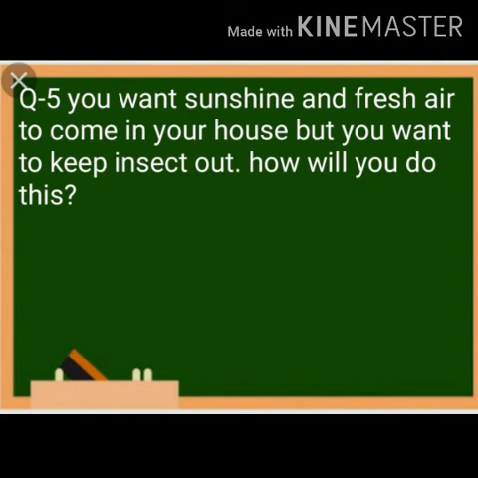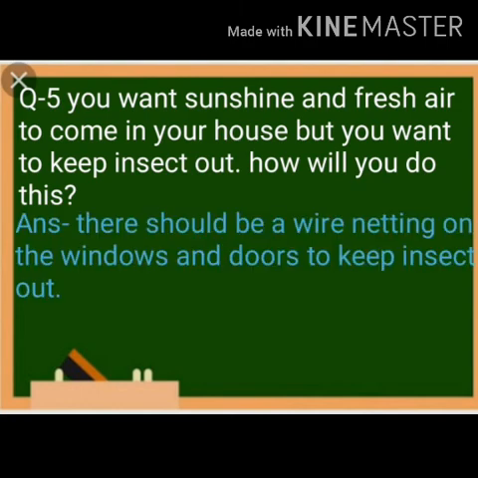How will you do this? Now the answer is that there should be a wire knitting on the windows and doors to keep insects out. I repeat it once again. There should be a wire knitting on the windows and doors to keep insects out.